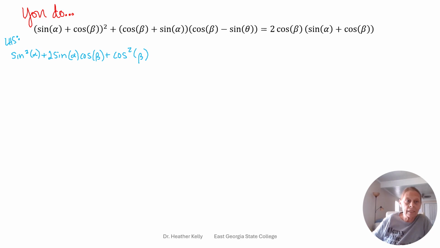And then these need to be FOILed. So plus whatever this business is. So this is going to be a cosine squared beta minus a sine beta cosine, or sine theta. Oh, that is a fail. Let me see what that is supposed to be. That should be an alpha.